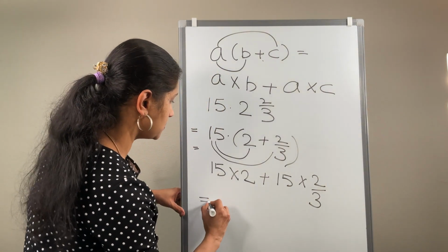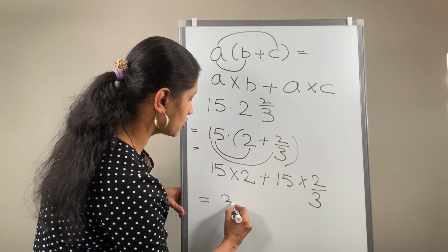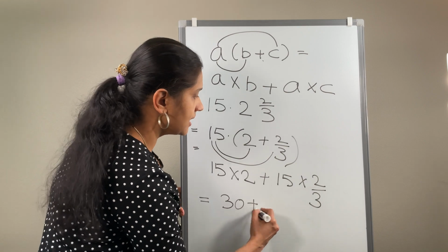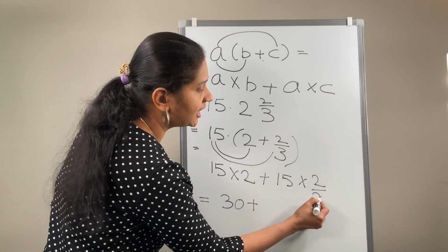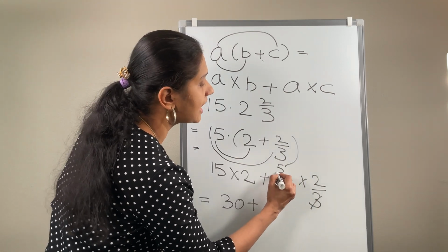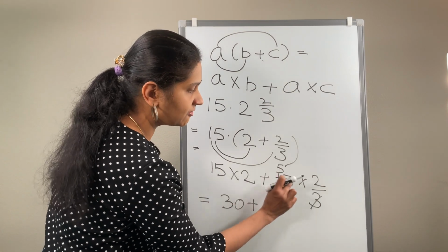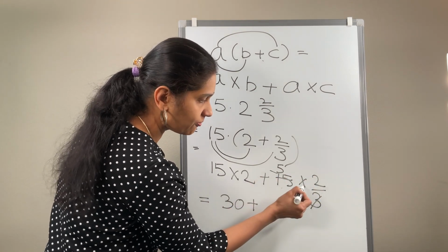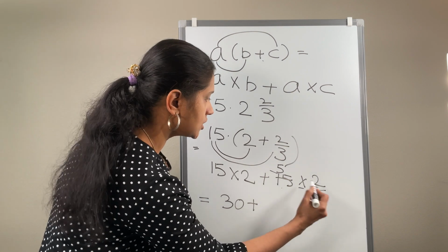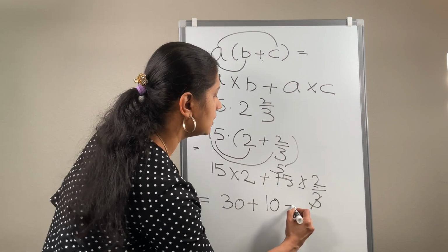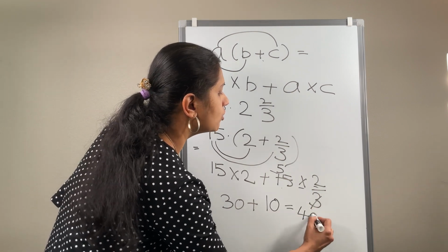So that is going to be equal to 15 times 2 is 30 plus, 3 goes in 15 five times because 3 5s are 15. So we are left with 5 times 2. What is 5 times 2? It's going to be equal to 10. 30 plus 10 is going to be equal to 40.